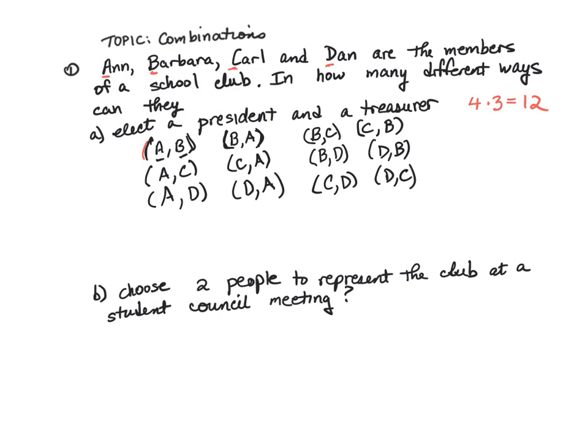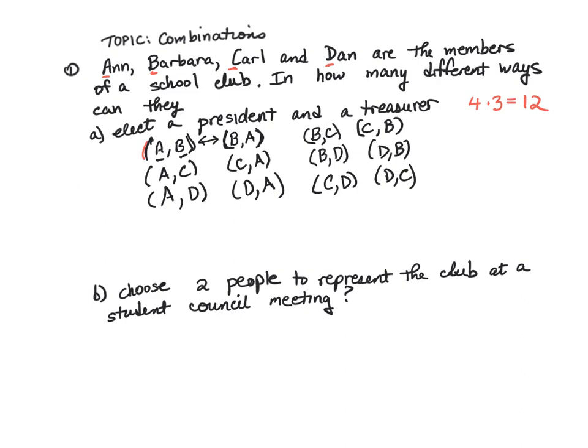Looking carefully at the list of the 12 arrangements given in part A, we can see that AB and BA are 2 different slates for president and treasurer. Sending Anne and Barbara to the student council is exactly the same as sending Barbara and Anne. So these 2 are equivalent for part B.